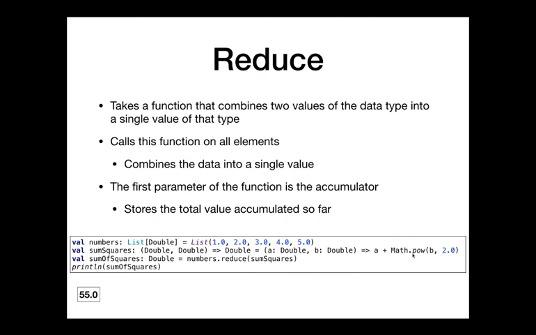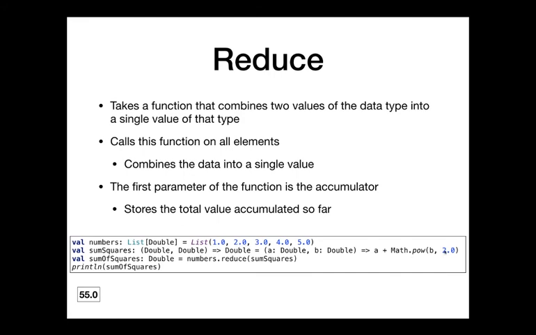Integers, 0. So the first time sum squares is called, I'm going to have 0 as my parameter A, and then B is going to be the first element of my list, which is going to be 1. 1 squared, I'm going to get 1 out of that, and then that's going to be my new accumulator variable. So now next time sum squares is called, A is 1, and B is the next element in my data structure, 2.